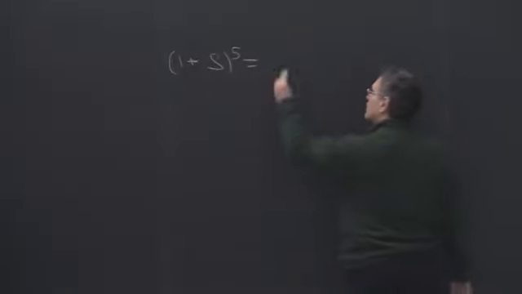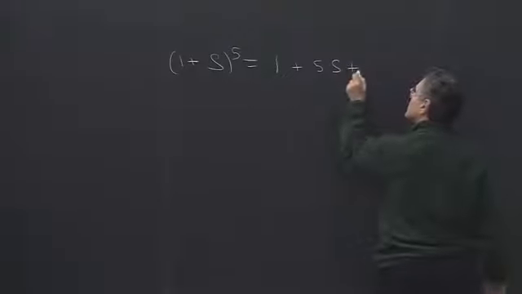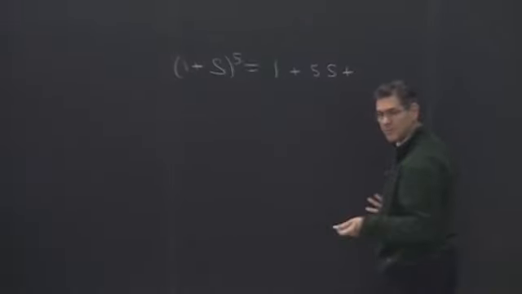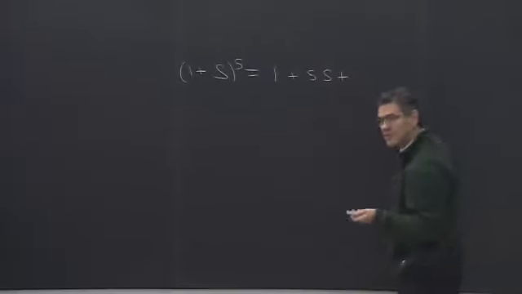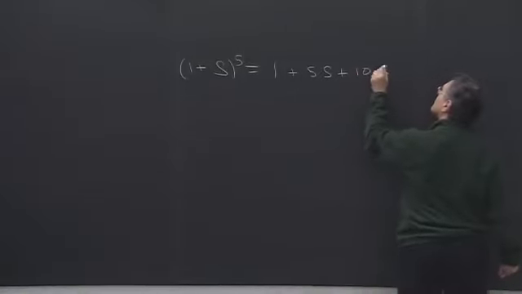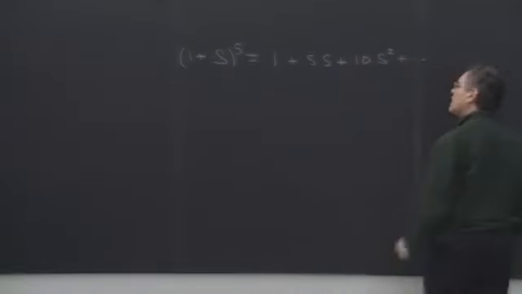Well, the first term is 1, and then we have 5 times that something, plus 10 times that something squared, and so on.